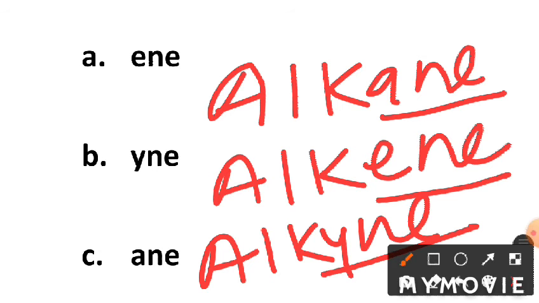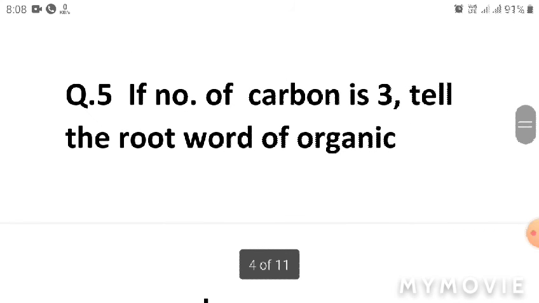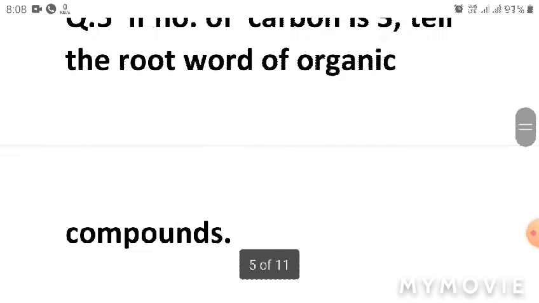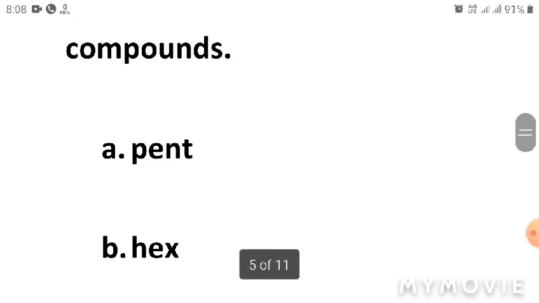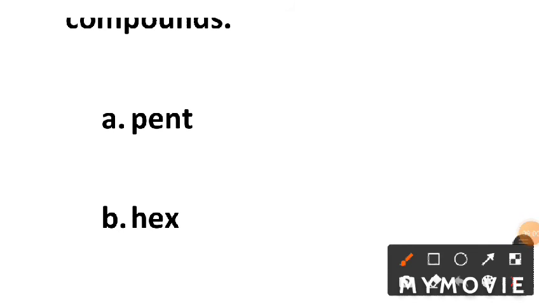Now we have to solve it. Now we see the next question. If the number of carbons is 3, tell the root word of the organic compound. First we have to know that if the number of carbons is 1, then its root word is meth.